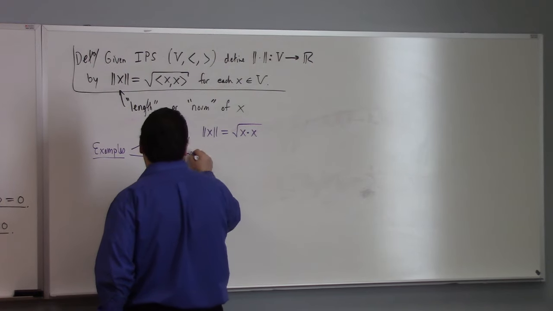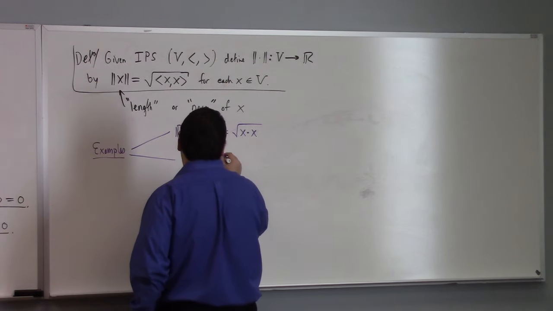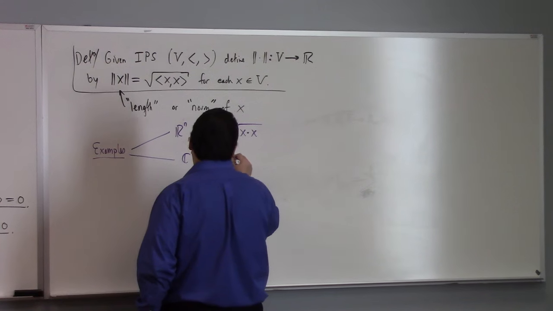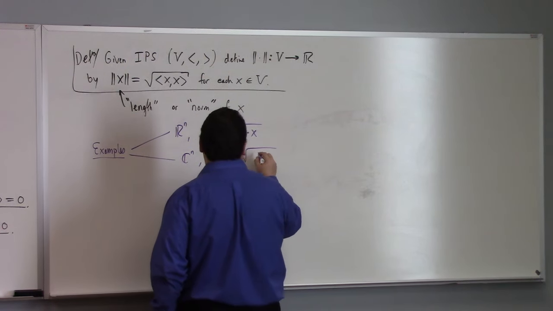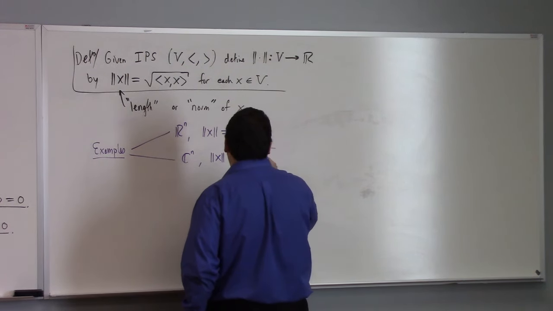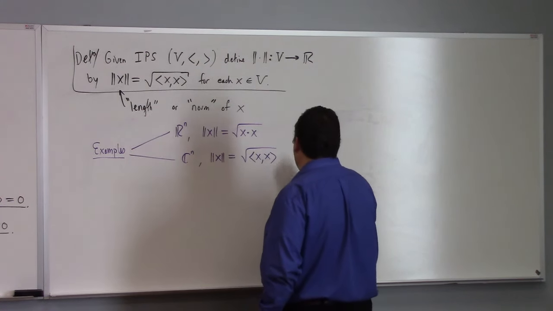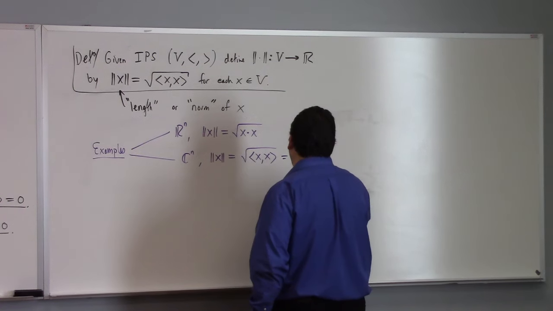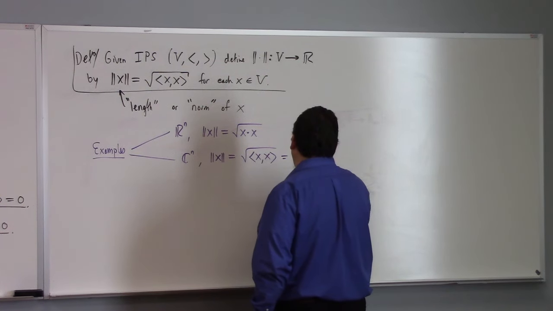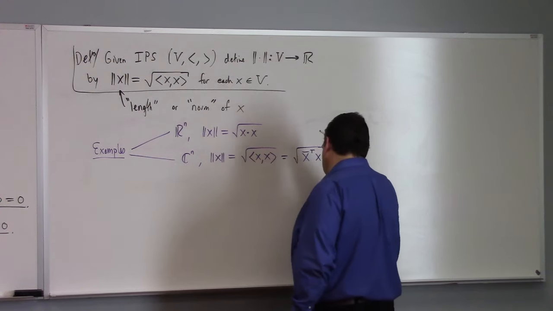For C^n, the length of x is equal to the square root of, I'll just use this notation, but we could also rewrite that as the square root of x conjugate transpose x, I believe.